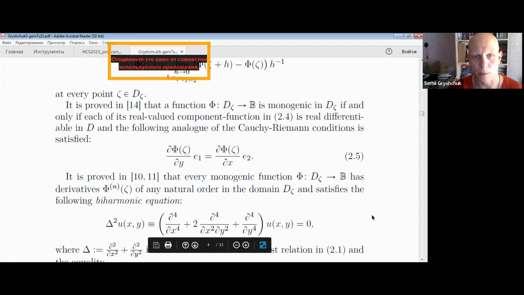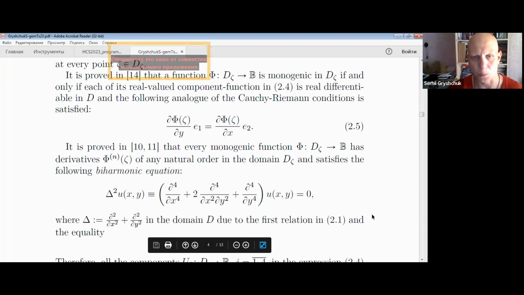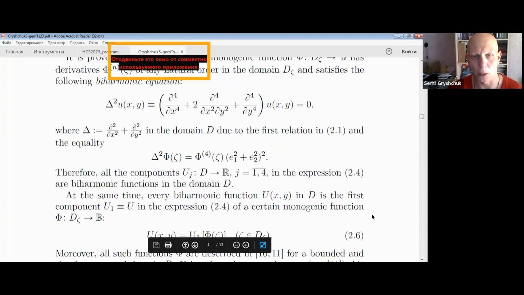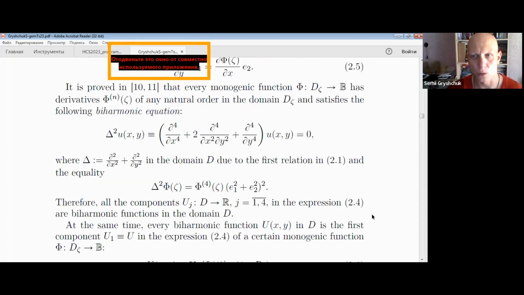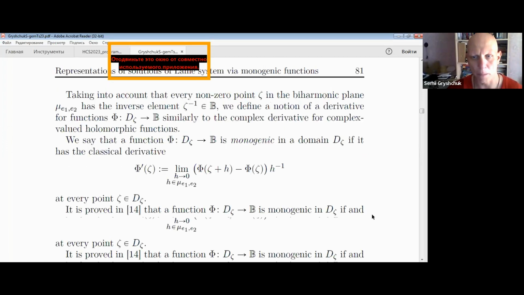It was proved by Plaksa and Gryshchuk in 2009 that every monogenic function has derivatives of any natural order in the domain D zeta and satisfies the biharmonic equation. Therefore, all real components U sub j in the expressions 2.4 are biharmonic functions.